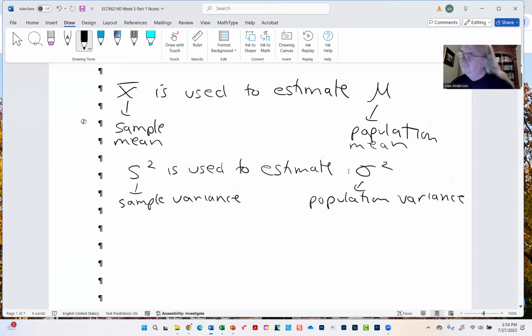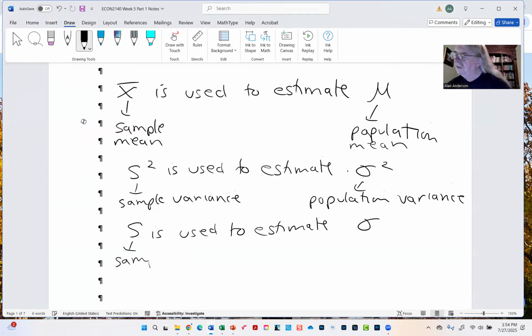And of course, S is used to estimate sigma, just plain sigma without the square. This would be our sample standard deviation. That, of course, means sigma must be the population standard deviation.